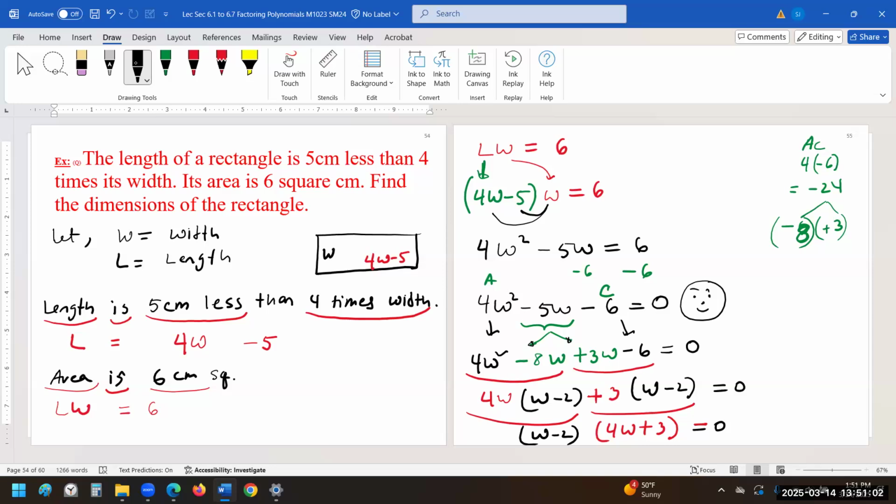Why is it not like 4 times w minus 8 in parentheses? Why don't we break it down instead of just putting it right in parentheses, like we did in the other problem?